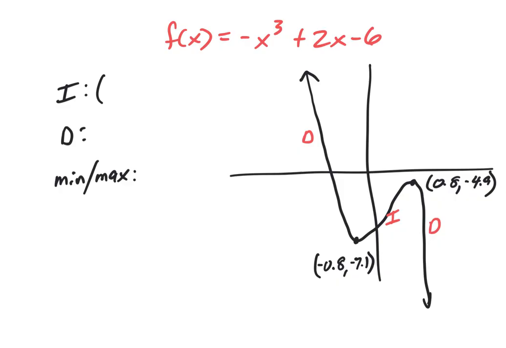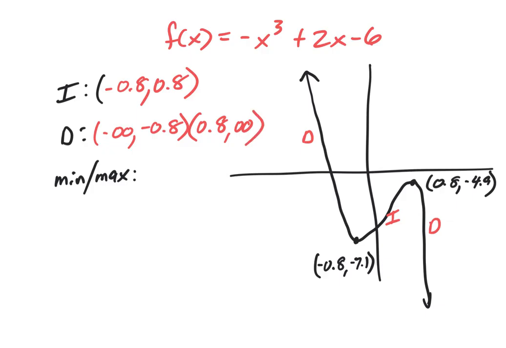As we go left to right, we're going to go from -infinity to -0.8, right? Only x values here. And it's going to increase from -0.8 to 0.8. And then it's going to decrease again from 0.8 to infinity.